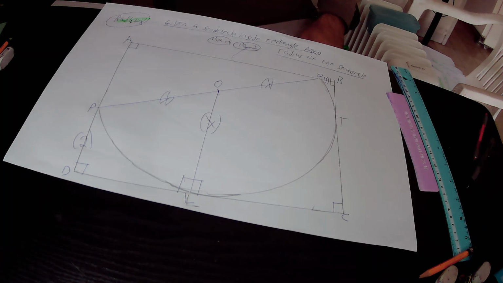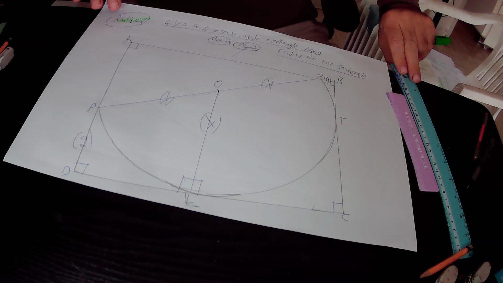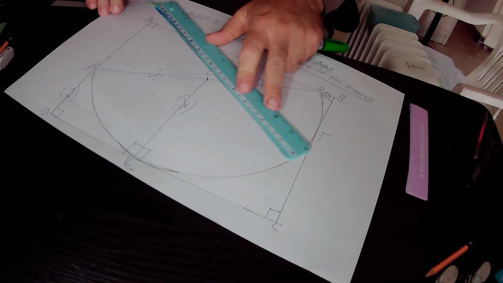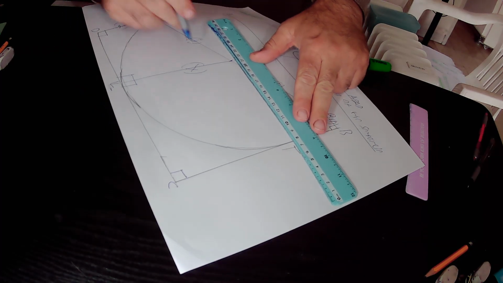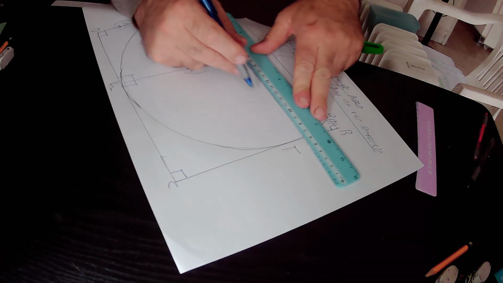Likewise, we join points O and T together by a line. Point T is the point of tangency of tangent BC with this semicircle.